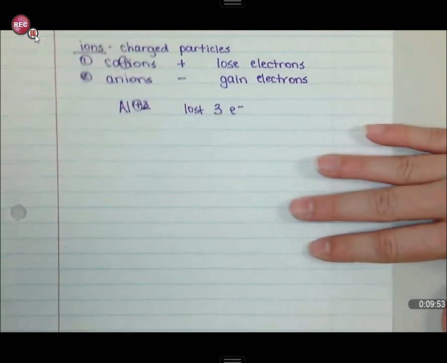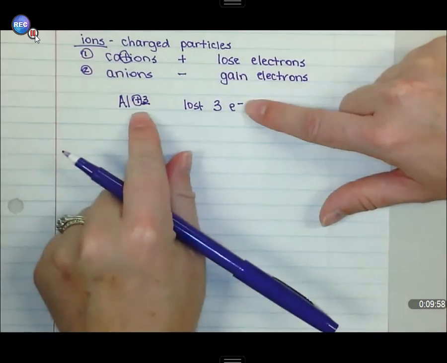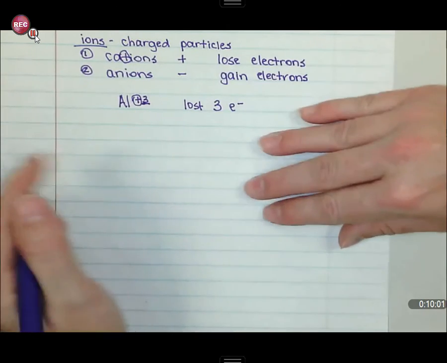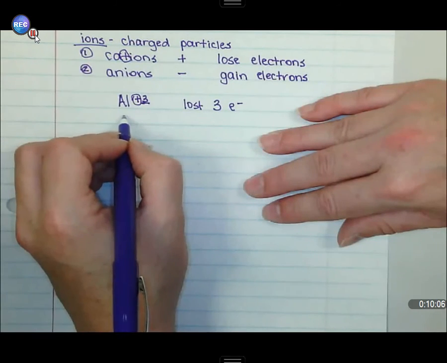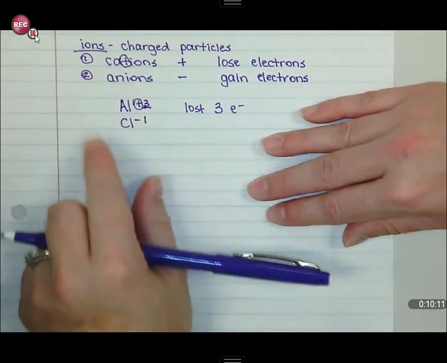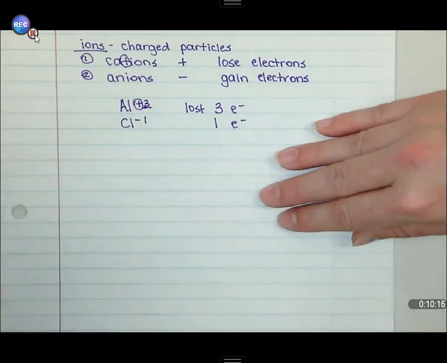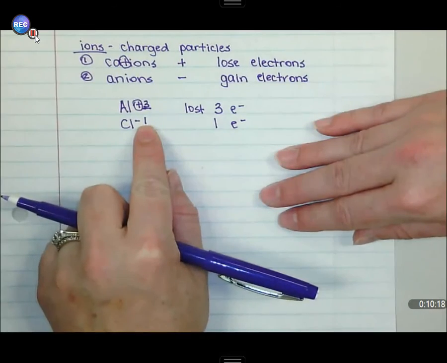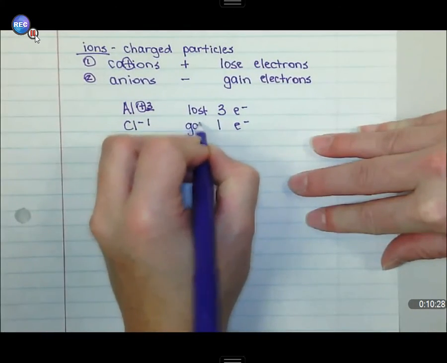E minus is my symbol for electrons. So we lost 3, and that made it positive. Okay. Now if I had chlorine minus 1, well, the number's 1, so 1 electron did something. Now this guy said it's negative. To become negative, you got to take in the negativity. So you're going to gain 1 electron.